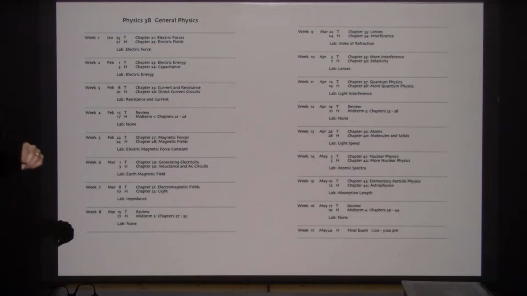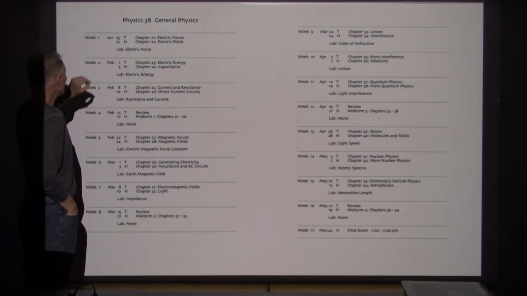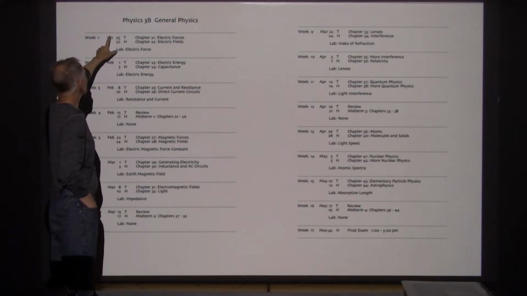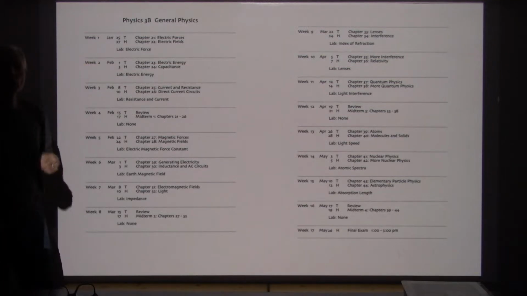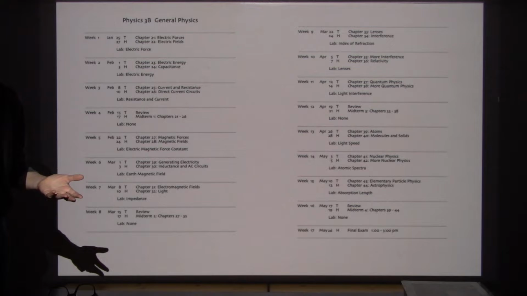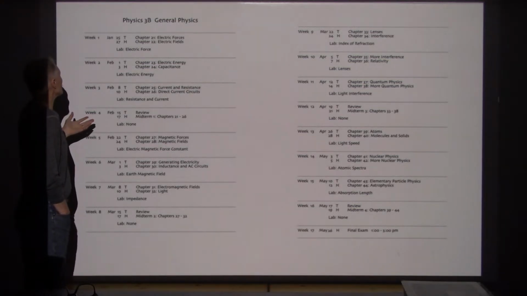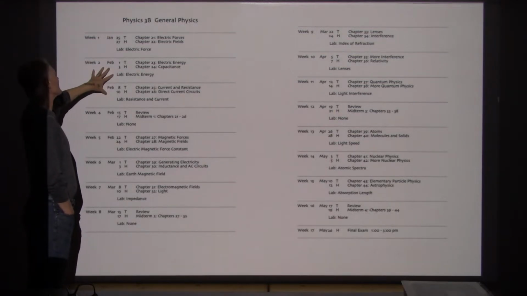So let me jump ahead here and take a look at the schedule. Here is the schedule for the entire semester. What you can see is that each week, officially, we have 2 meetings that we would have for classroom if we were in a classroom setting, and I structured the course the very same way.